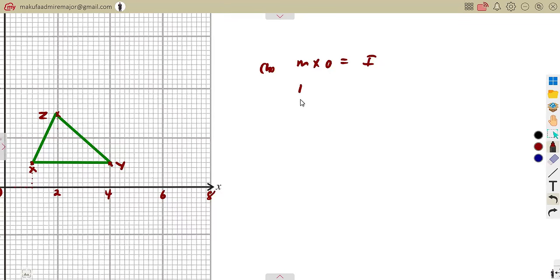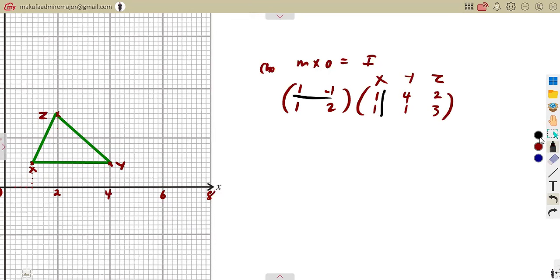We're given the matrix [1, -1; 1, 2]. The object is the triangle XYZ, where X was (1, 1), Y was (4, 1), Z was (2, 3). Write them as a point matrix, then multiply using the row by column concept. 1 times 1 is 1, plus -1 times 1, which is -1.